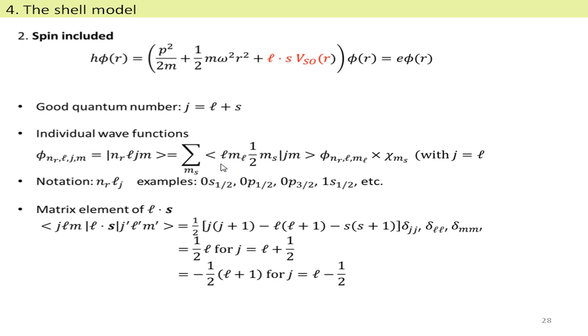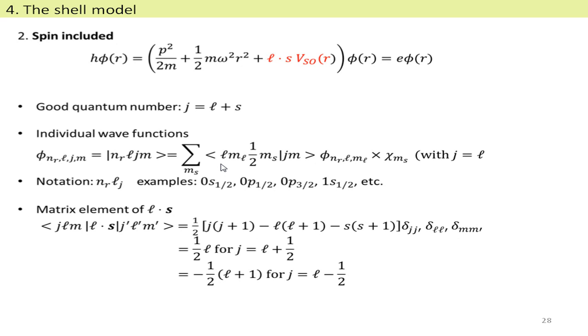So the next step is to introduce in the single particle Hamiltonian a spin orbit term, L scalar product with S. Now the good quantum number is J, which is the coupling of L plus S. The individual wave functions are obtained by coupling L and S as usual. So the notation is N, L, J, so we are talking about 0s1/2 orbitals and so on.